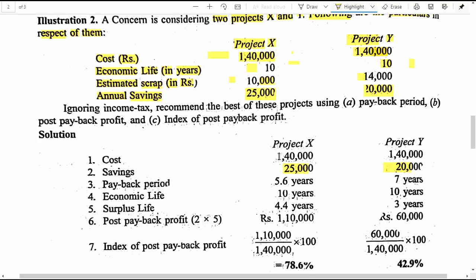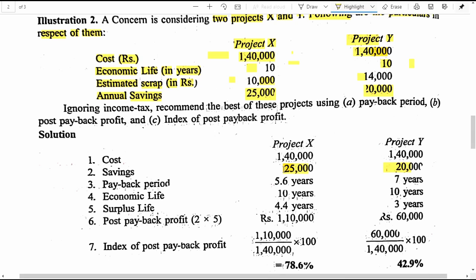Now, what is the balance to be recovered to get back the total investment on the project? The total investment is 1,40,000. Till the end of 5 years, we have recovered 1,25,000. Therefore, we need to recover 15 more thousand rupees through the cash inflow of the 6th year. So we depend upon the cash inflow of the 6th year to recover the balance of 15,000 rupees of our investment.